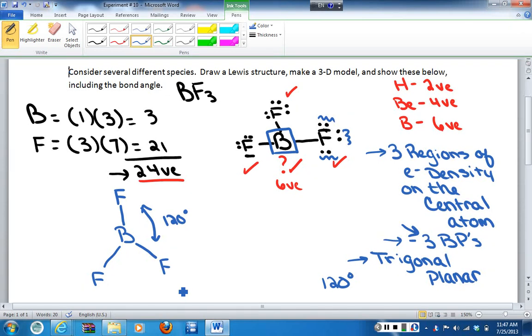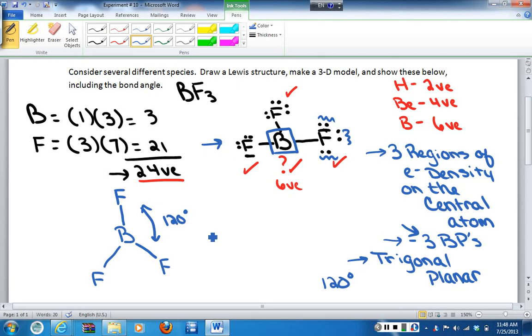Now, if there were lone pairs on the central atom, I would have to include those on the 3D model. However, in this case, there are no lone pairs on the boron, therefore, I do not have to include any lone pairs on my 3D model. So what you see is we have our Lewis structure.